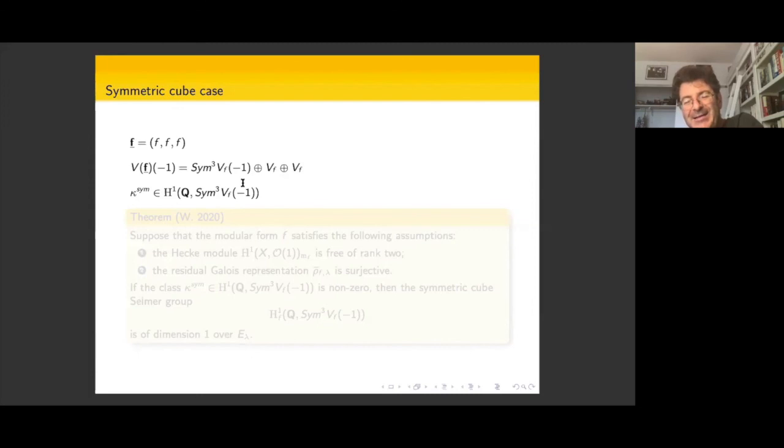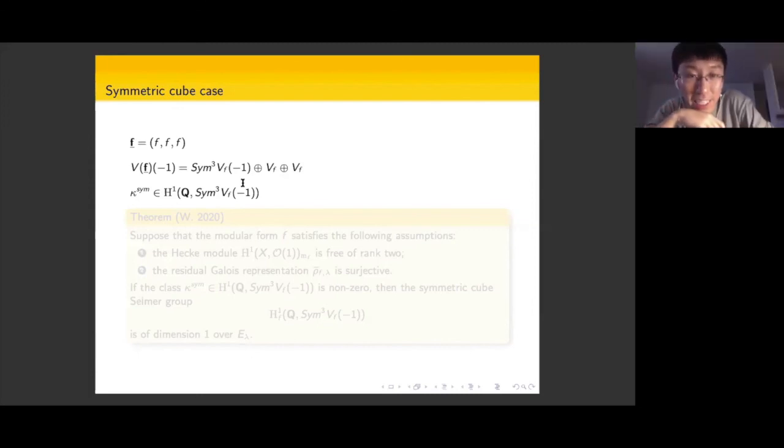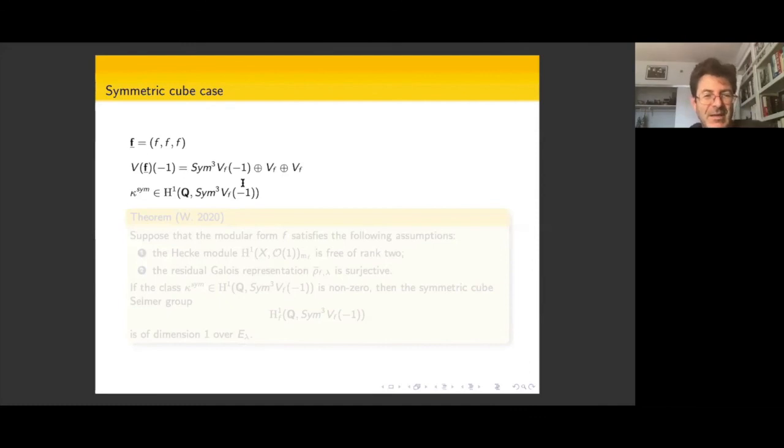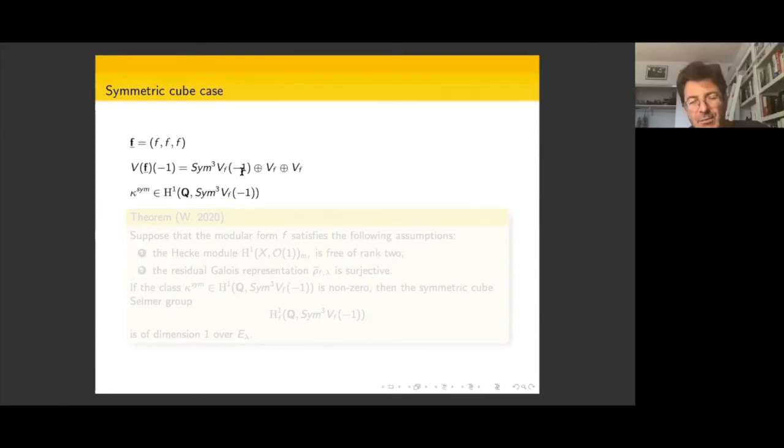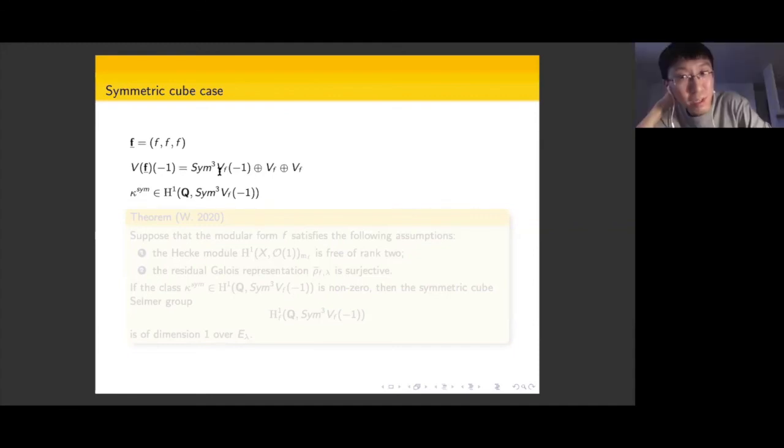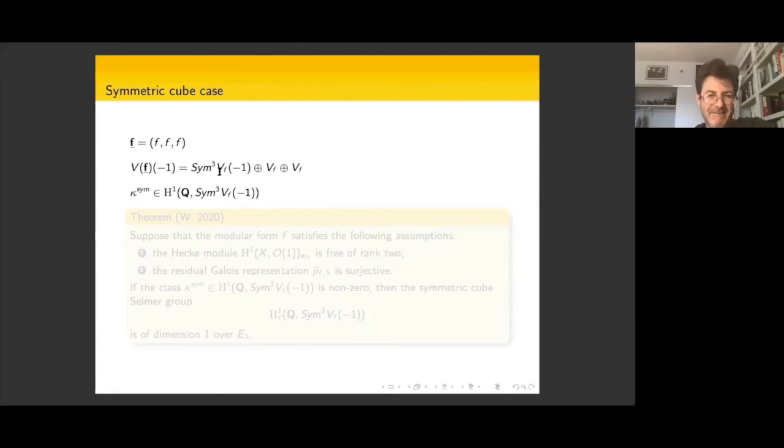Because in this decomposition here of V_f, if you could replace V_f by some twist, but I think it doesn't work, right? Because I think the sign changes occur simultaneously. You would also twist the triple tensor product. Tensor product, yeah. Symmetric cube, I mean, yeah.